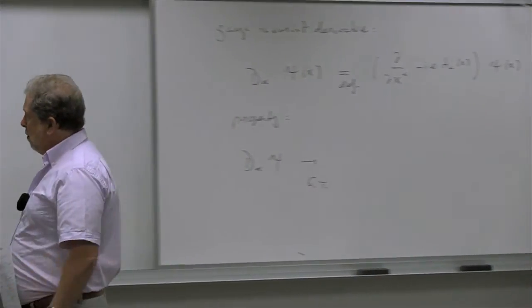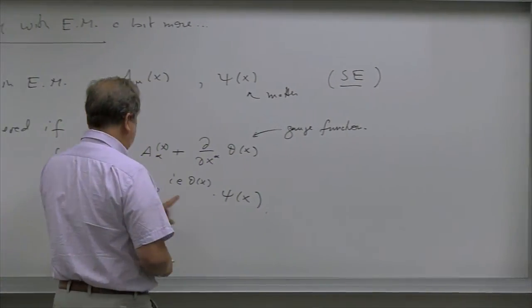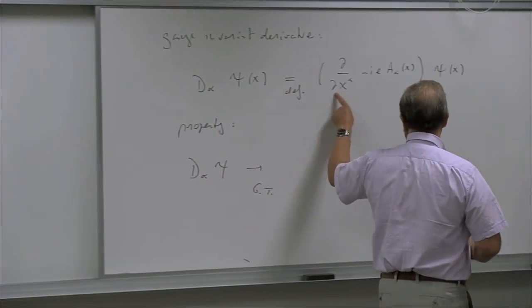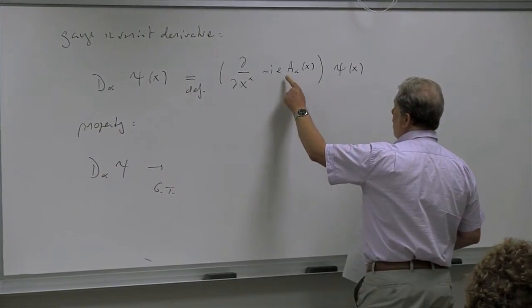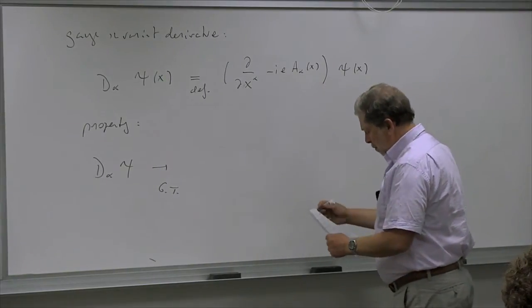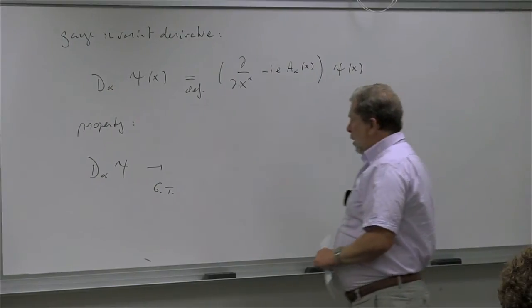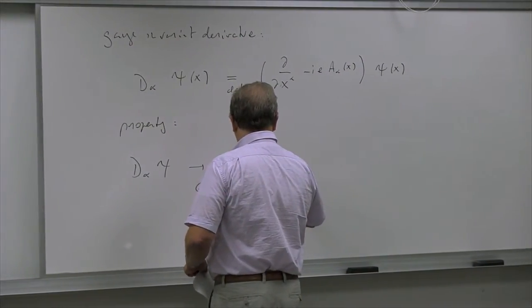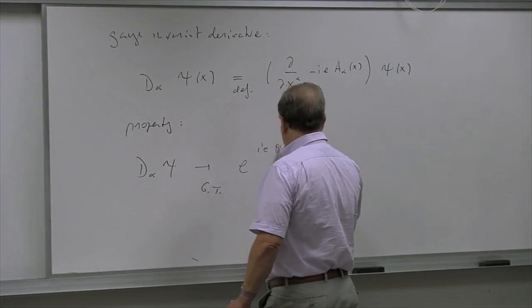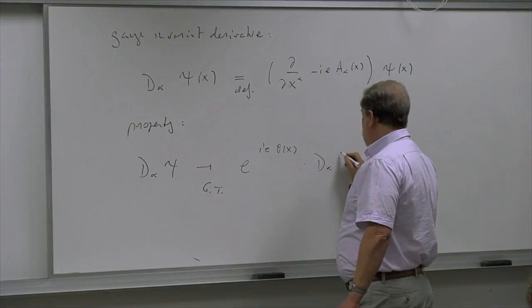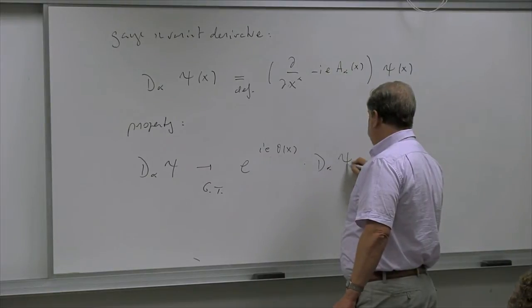But at the same time, the field acquires a phase, and this derivative gives a phase term, and the gauge transform of A also gives a theta term, and the two terms cancel out. So this just turns into e to the I e theta of x times the same derivative, D alpha acting on psi.